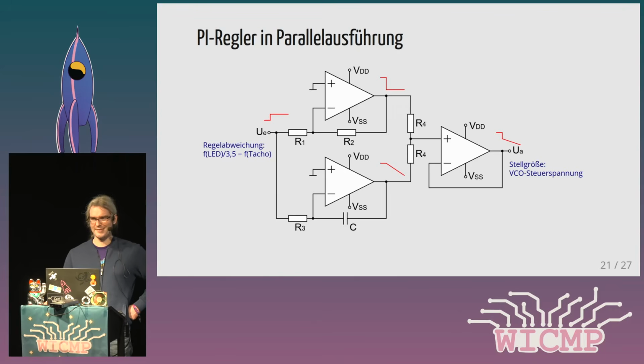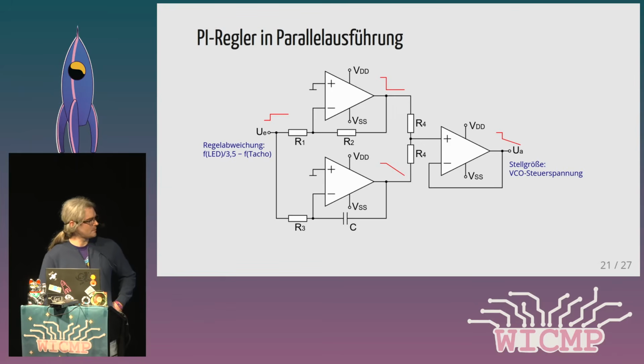And this also means that if the error is 0, there will be no control signal, meaning the VCO would stop. That would not be very good. And so this means that we cannot use only the P regulator, because there always must be an error, because otherwise we have no control voltage.